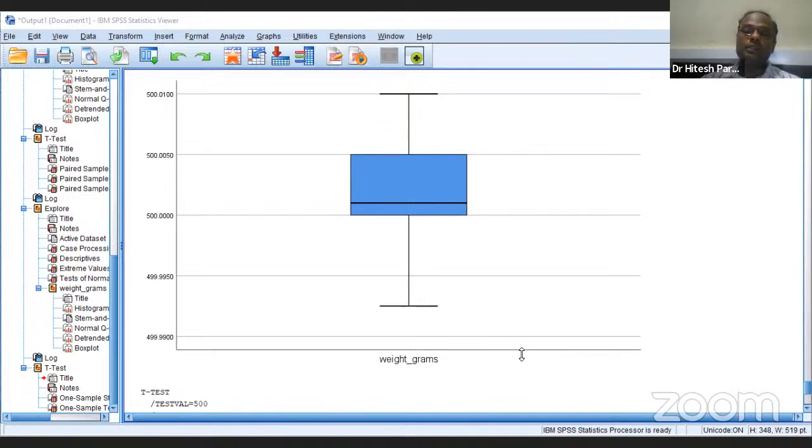So when data is not normally distributed, what does it mean? It means that it is not uniformly distributed. Around the mean plus or minus 1 standard deviation, 2 standard deviations, 3 standard deviations, the distribution is not uniform, but there is a skewed distribution.